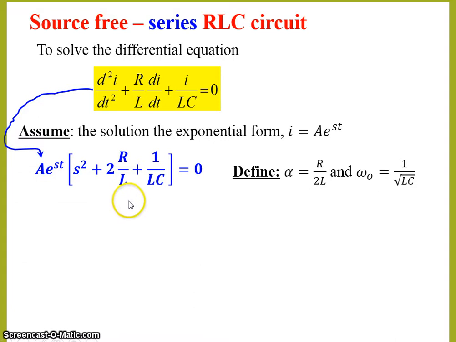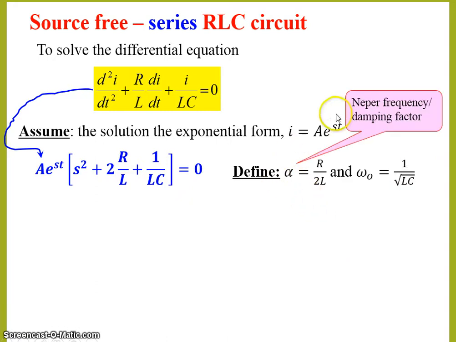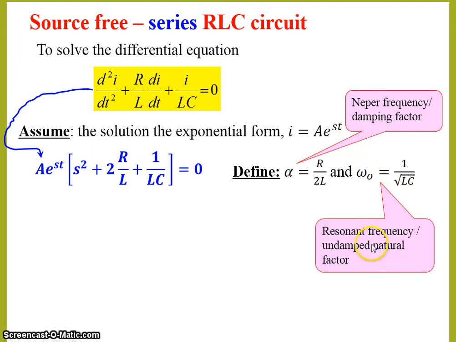Here we have to know about two constants. One is alpha and another one is omega naught. Alpha is the Neper frequency or damping factor, and omega naught is the resonant frequency.